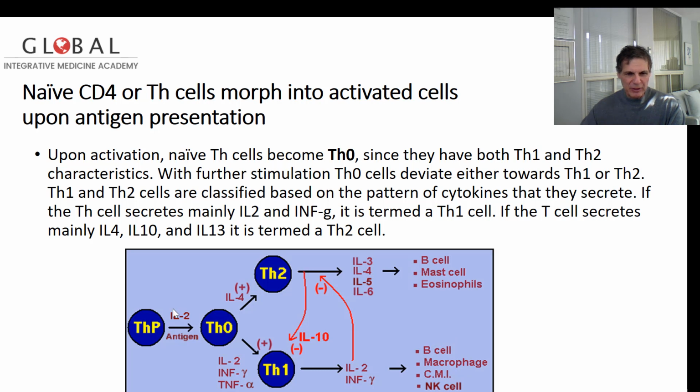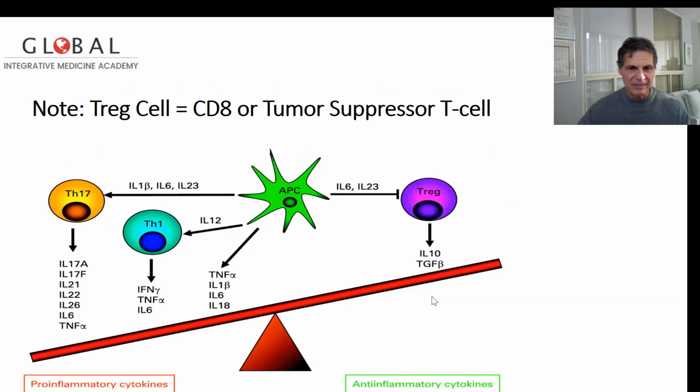Whereas if it's prompted, say, in an allergic reaction to produce more Th2, you see more of the mast cells releasing histamine, and the eosinophils are more reactive. These are things you normally see in an allergic type of response. So the CD4 cell is sort of the quarterback of all of this.